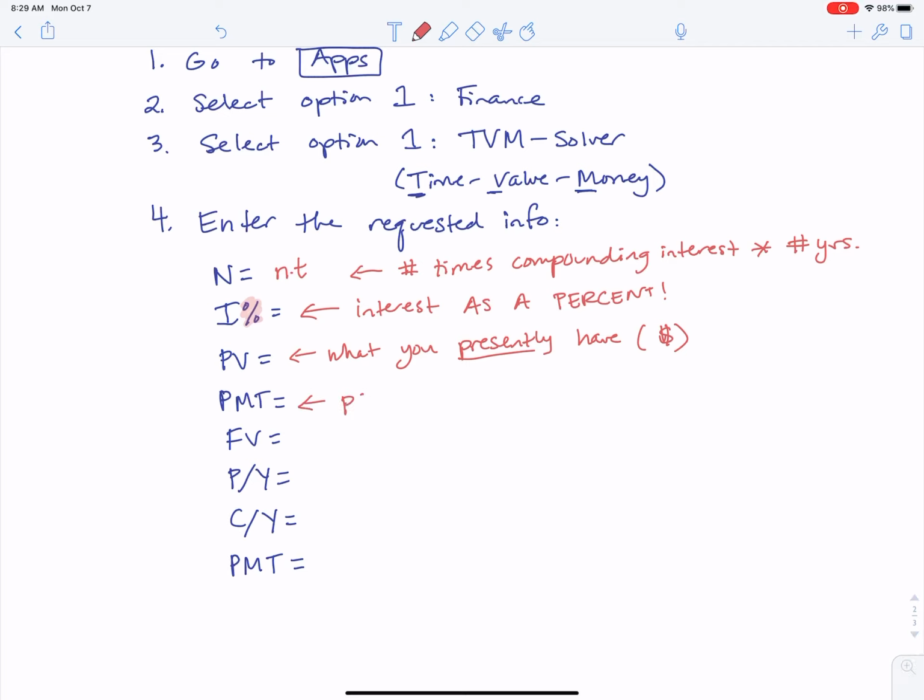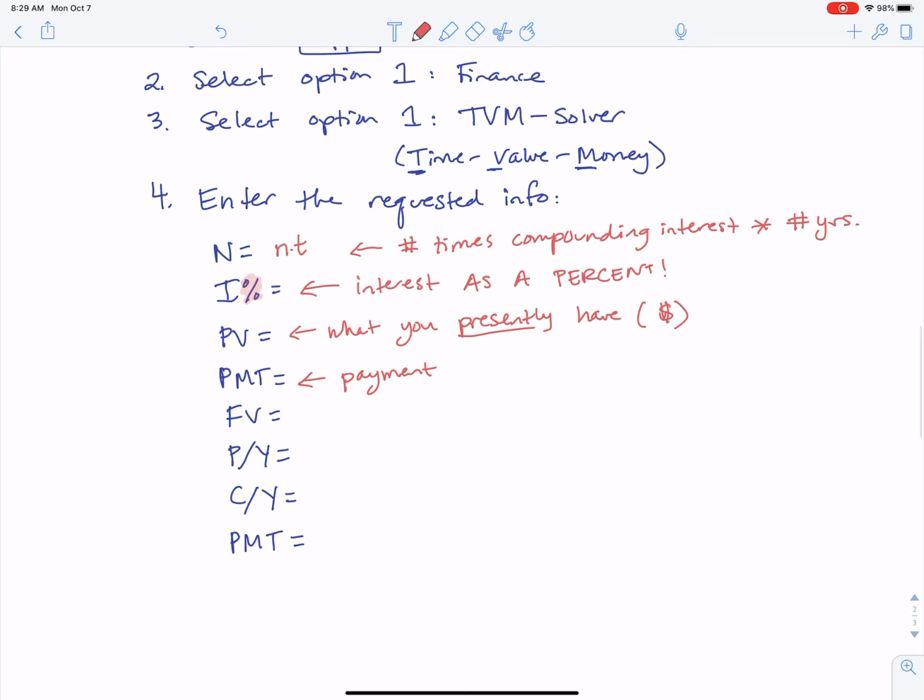PMT stands for payment. So how much money you're paying into your account or how much money you're paying off of your loan. Future value stands for what you will have in the future. And that's also a dollar amount.